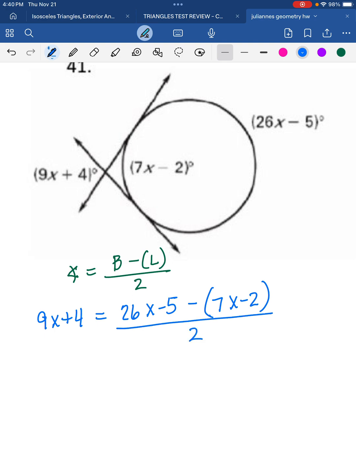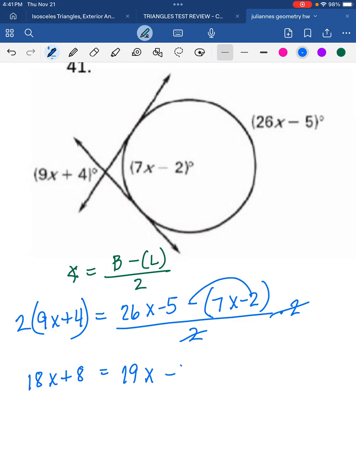And again, to get rid of the fraction, I'm going to multiply by 2. So I get 18x plus 8 again. This is going to be 26x minus 7x. And this is going to be negative 5 plus 2, which is negative 3. So now I can subtract 18x, I get x, and I can add the 3 over here to get 11. And we find out that x is 11.